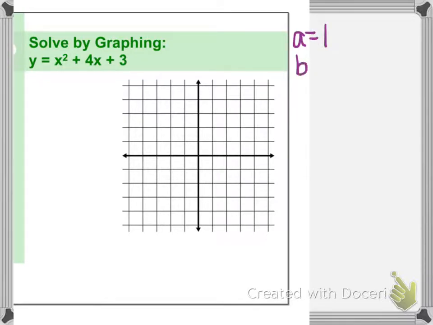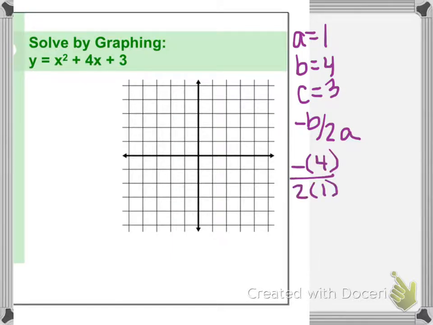A is 1, B is 4, C is 3. So negative B over 2A is negative 4 over 2 times 1, which is negative 4 over 2, which gives me an x of negative 2. Plug it in.